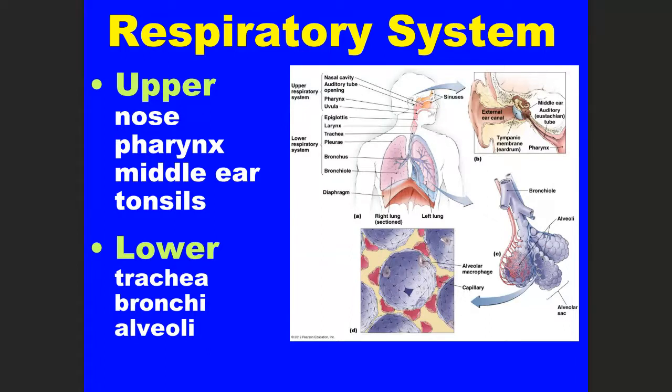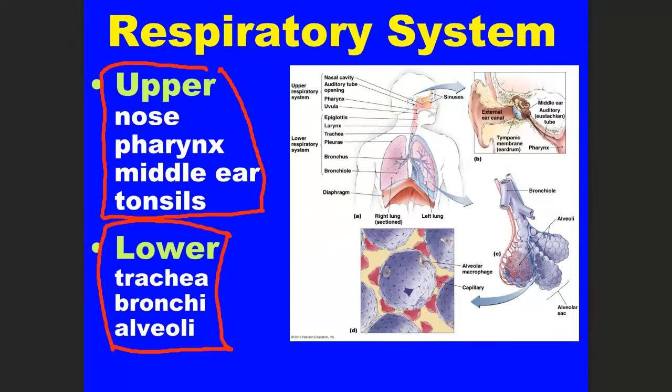To start this off, many of you that have had any study on respiratory diseases know that the respiratory tract is composed of the upper respiratory tract and the lower respiratory tract. The upper respiratory tract includes parts of the nose, the nasal epithelium, the pharynx, the middle ear, even the tonsils. And the lower respiratory tract is everything below that: the trachea, the bronchi, and especially the air sacs in the lungs called the alveoli.